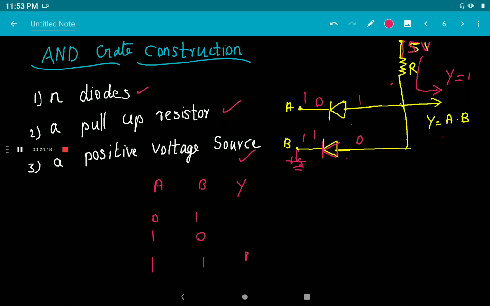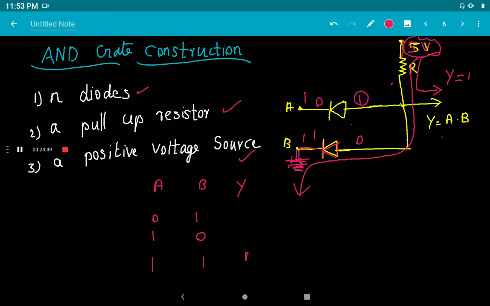Suppose A is at logic 1, and B we grounded, making it 0 volts. There is 5 volts here through this resistor. So if either of the inputs is grounded, the diode will conduct. The diode becomes forward biased and it will conduct.